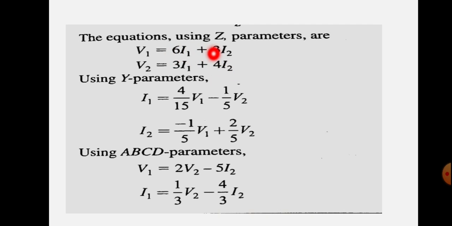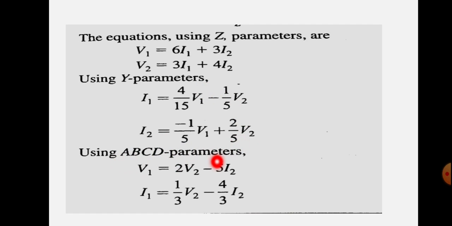Instead of Z11, Z12, Z21 and Z22, you are substituting 6, 3, 3 and 4. And Y parameter equation is in terms of I1 and I2. I1 equal to Y11 V1 plus Y12 V2. Similarly, I2 equal to Y21 V1 plus Y22 V2. You can substitute the values of Y parameters here.